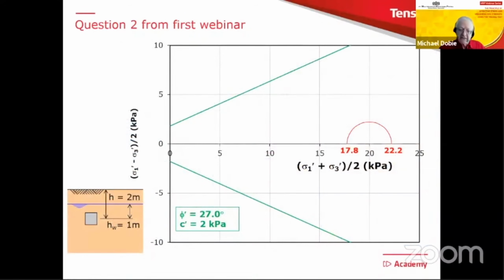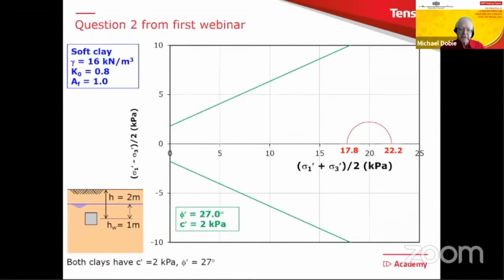So what I've done here, I've gone back to our Mohr diagram of stress space. And I've got the little diagram down the bottom there of the soil sample. I've got to add some more parameters. We've got the c' and phi' there, and that explains how we get those green lines. For the soft clay, I've assessed the gamma at about 16 kilonewtons per cubic meter.